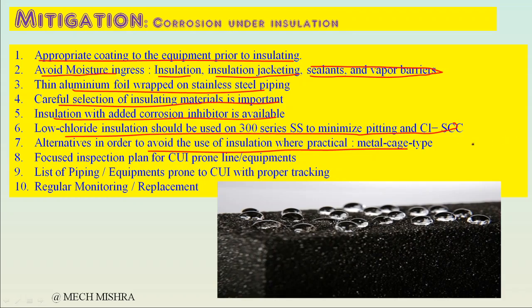See, in our plant, when it was designed, maybe there was an actual insulation requirement, but over a period of running the plant, you can see certain equipment or piping which are insulated, but insulation is really not required due to certain changes done in the plant.